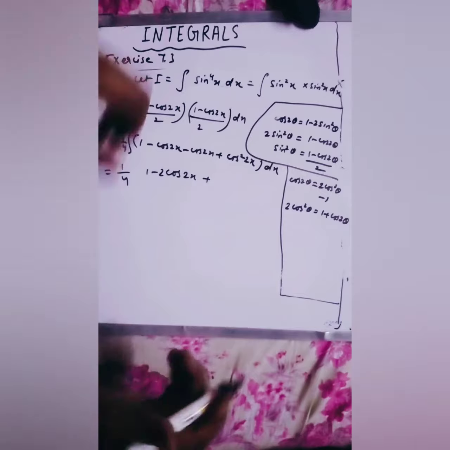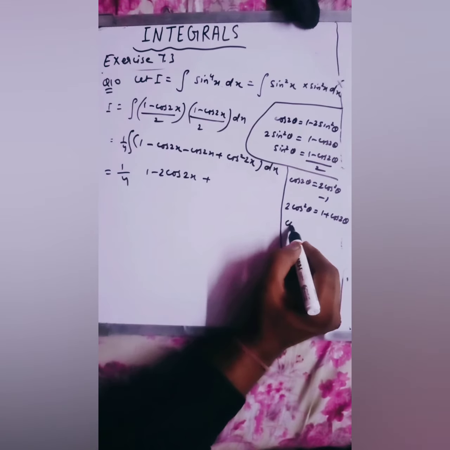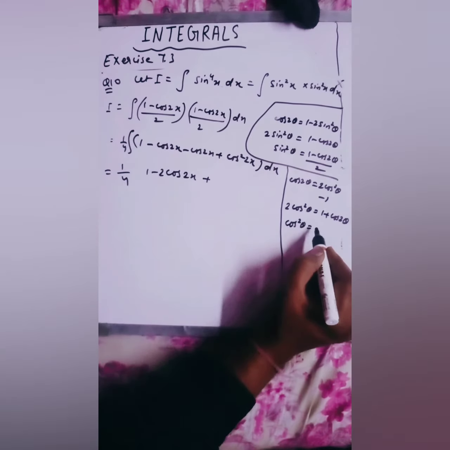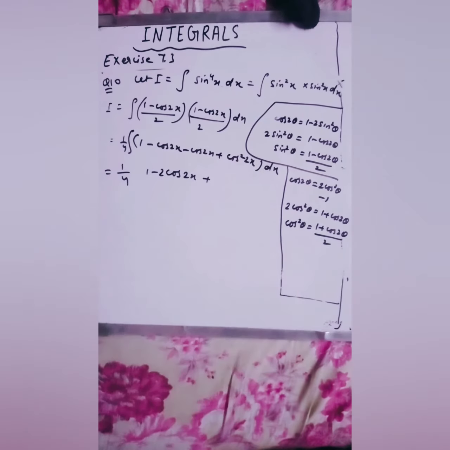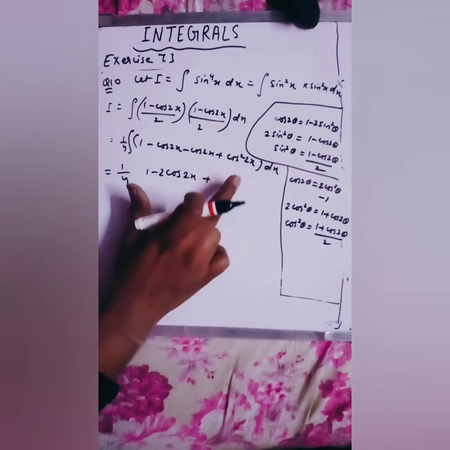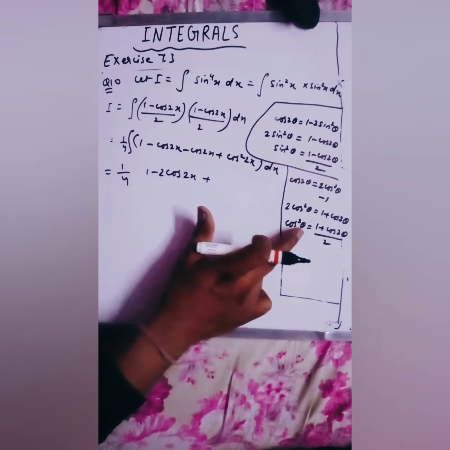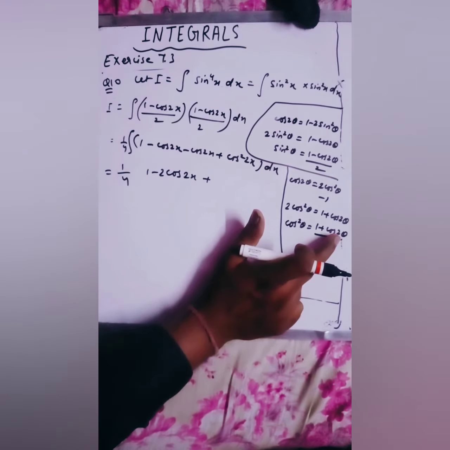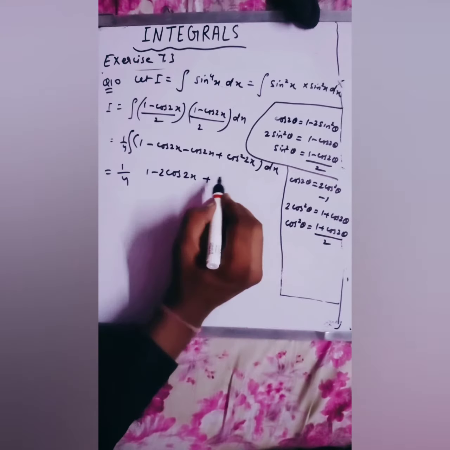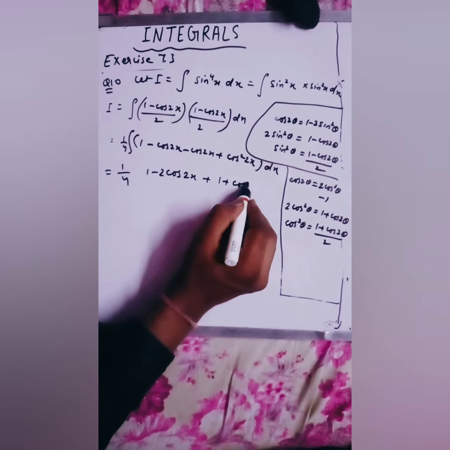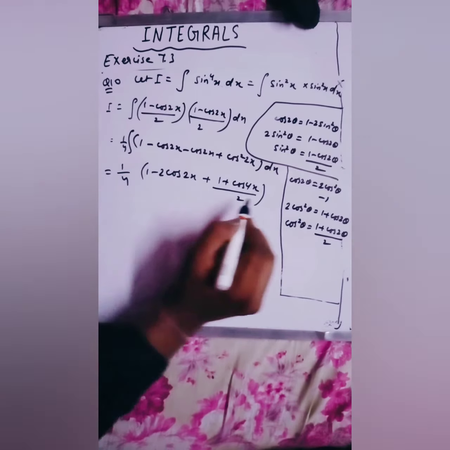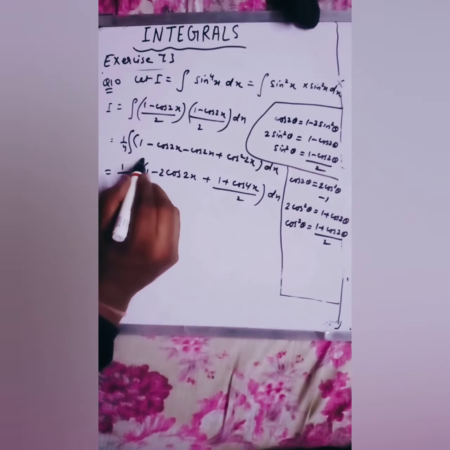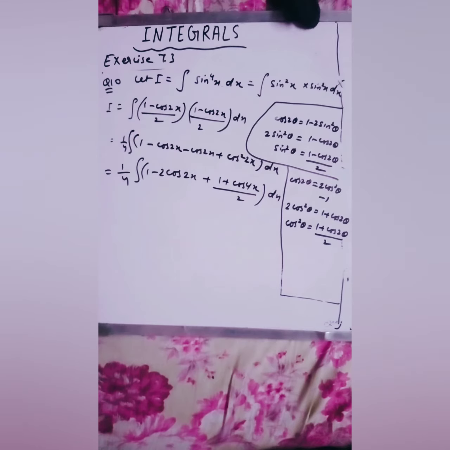Now your cos square theta would be (1 plus cos 2 theta) over 2. Now you have to replace this cos square. The theta is 2x, so here you will get 1 plus cos 4x, so (1 plus cos 4x) whole upon 2 into dx, and you have to write the integral sign.